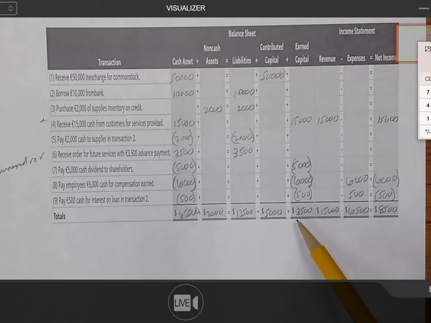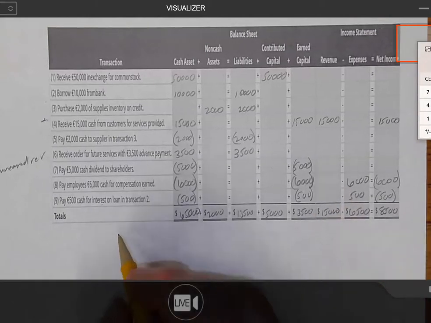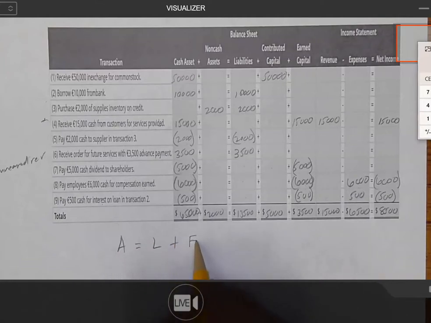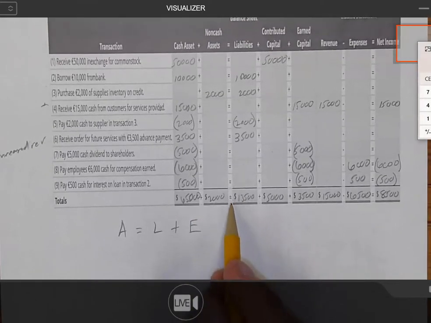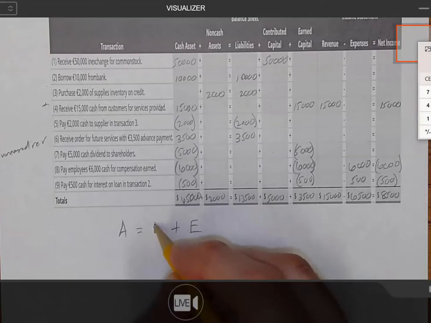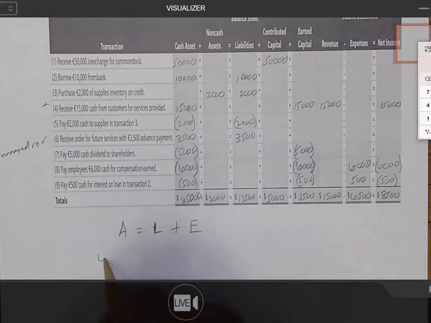Okay, so if we wanted to quickly apply the accounting equation here, we could do that. We have $65,000 in cash, and we have $2,000 in non-cash assets. Make sure that looks like an L and not a 2.